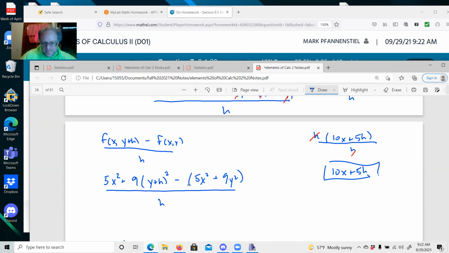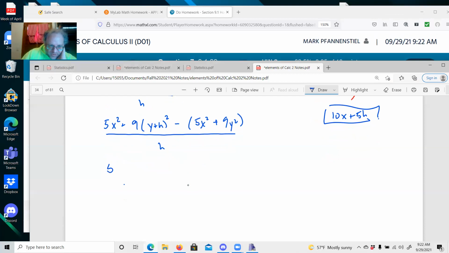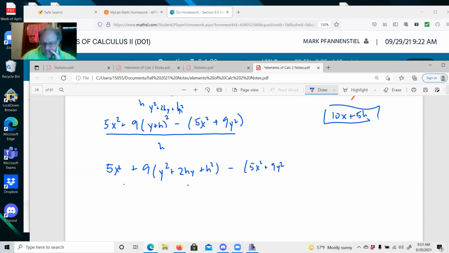Oops, it's a plus, isn't it? All right, 5x squared. This bit here, this is y squared plus 2hy plus, I'm sorry, plus h squared. Okay, so this is plus 9 times (y squared plus 2hy plus h squared), minus, and I'll leave this in parentheses for now, all over h.